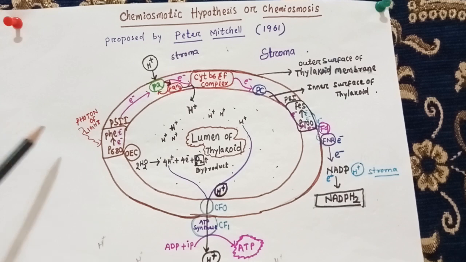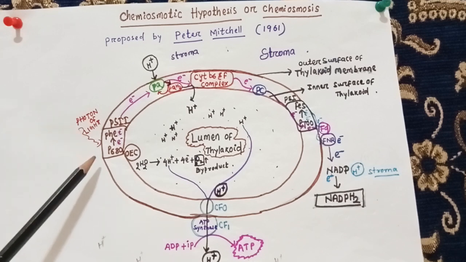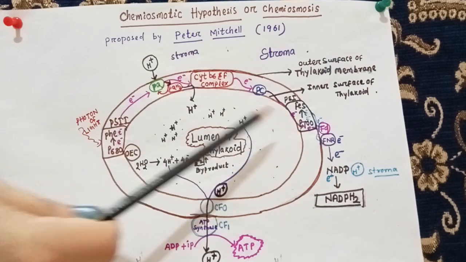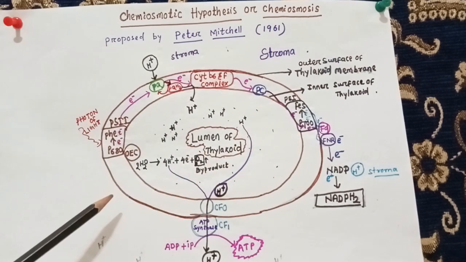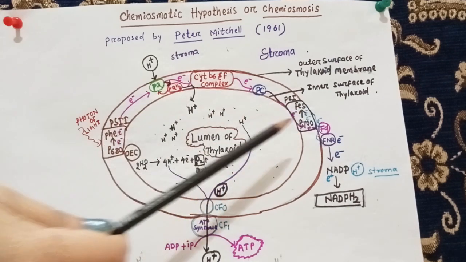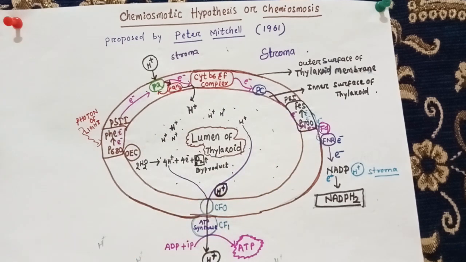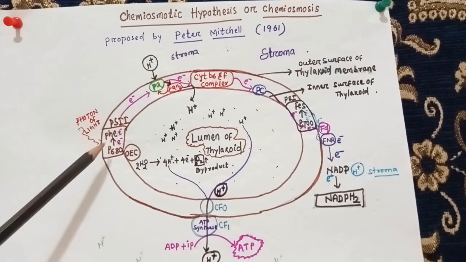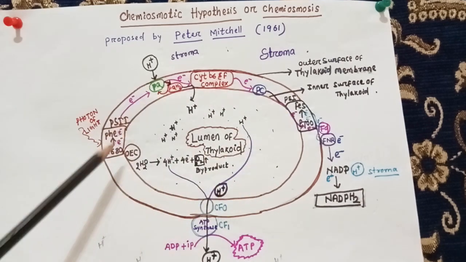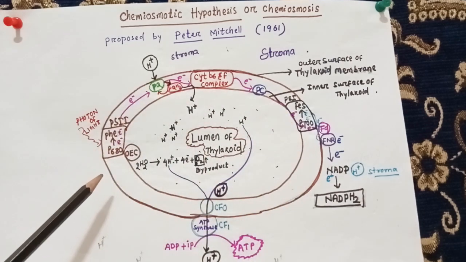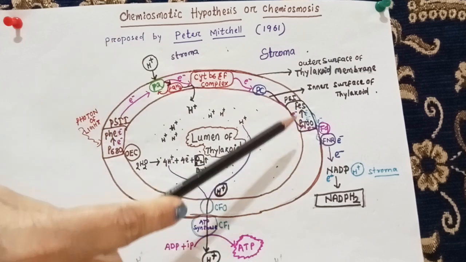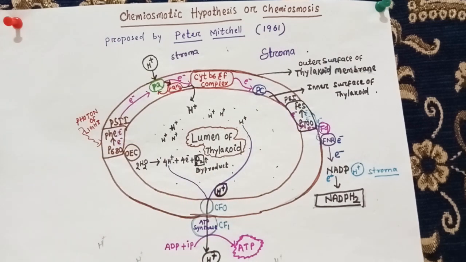Okay, and whenever a photon of light is absorbed by these photosystems, that is photosystem 2 and photosystem 1, both are excited, and the reaction centers of both photosystems release their electrons at the same time.